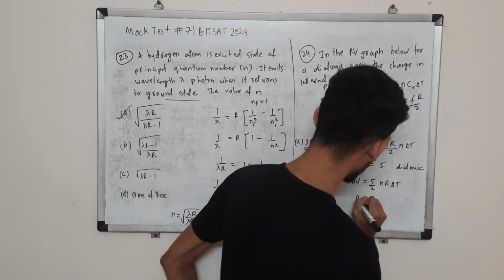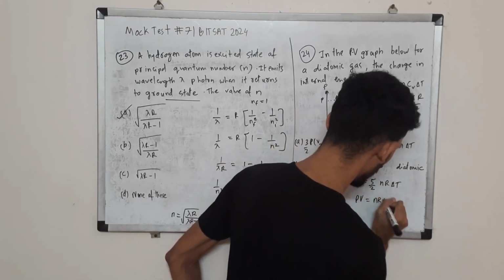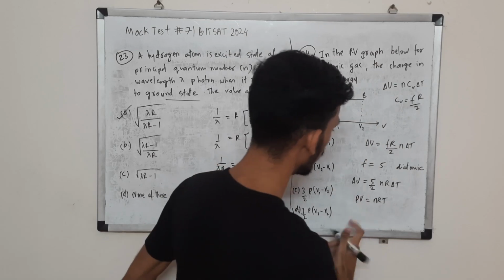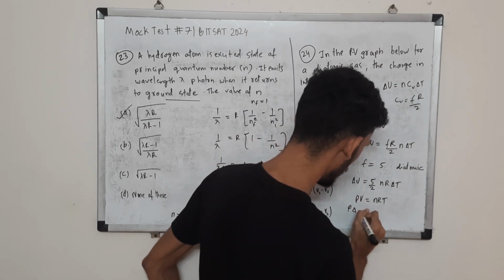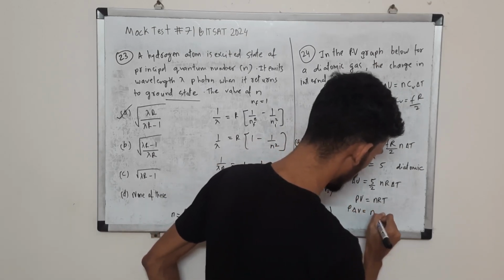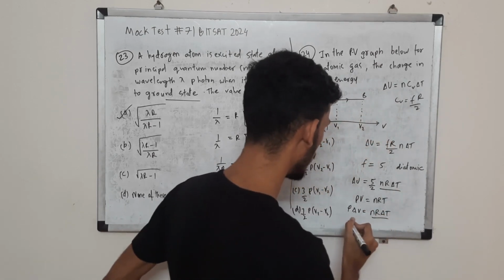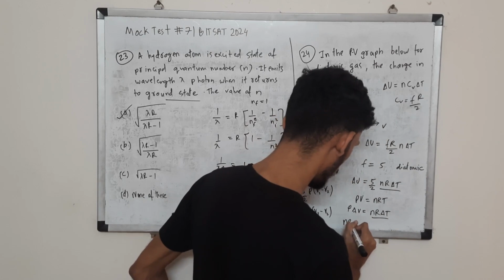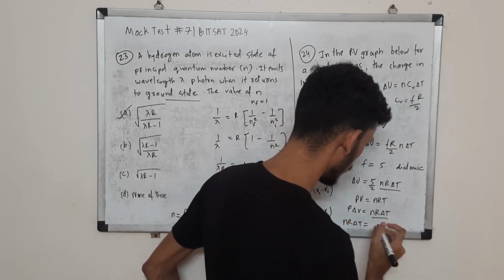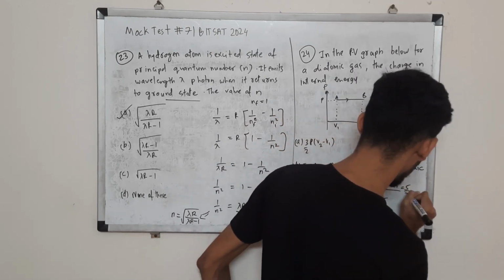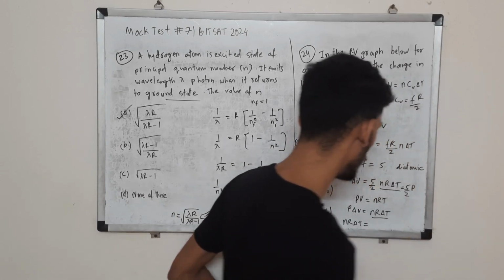So we can use PV is equal to nRT. The pressure is constant over here, so if we use difference, P delta V is nR delta T, which we are supposed to find, right? So nR delta T will be P into delta V.